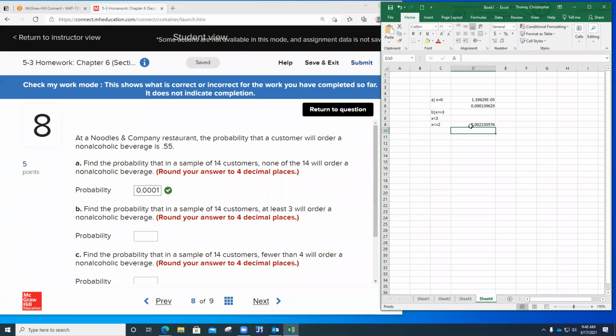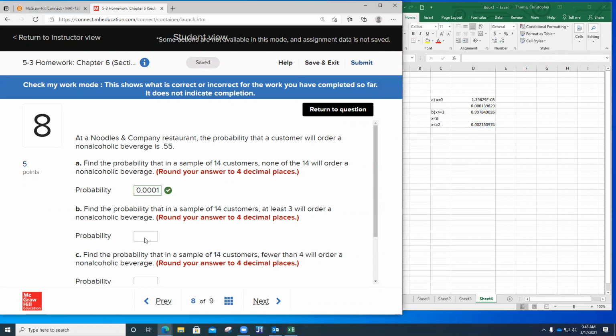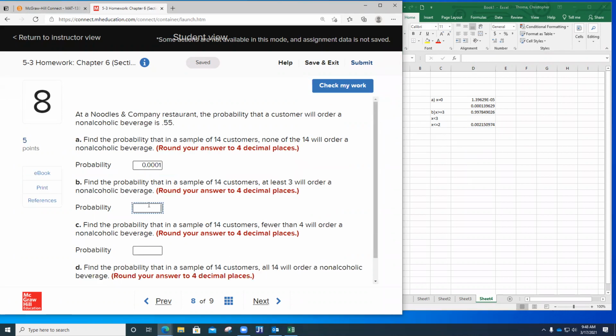And so there's the probability of being 2 or fewer. However, I want 3 or more, or at least 3. So I'll come back up here in my Excel, and to do that, I just take the complement of the previous answer. So 1 minus its complement, and I get 0.99785. 4 decimal places, so 1, 2, 3, 4. So that 8 becomes a 9.